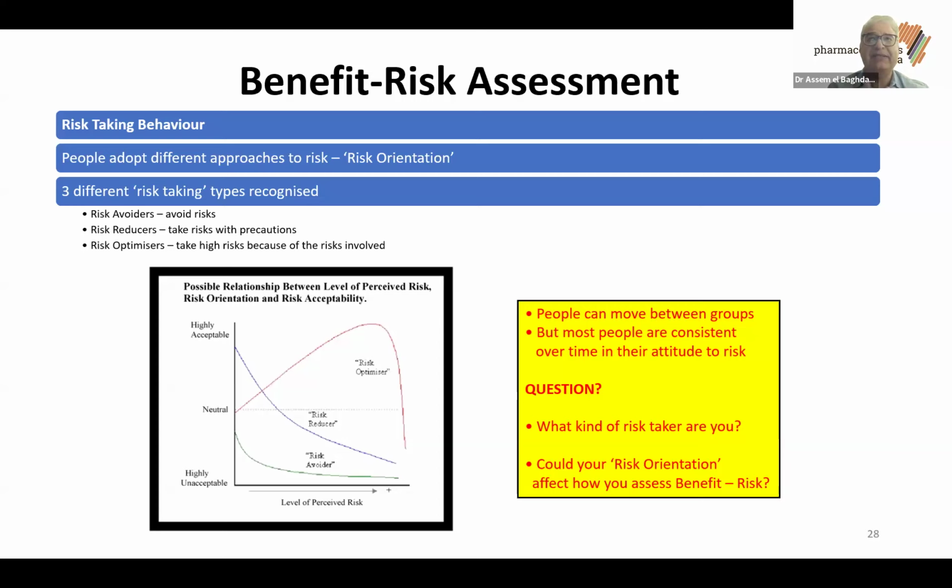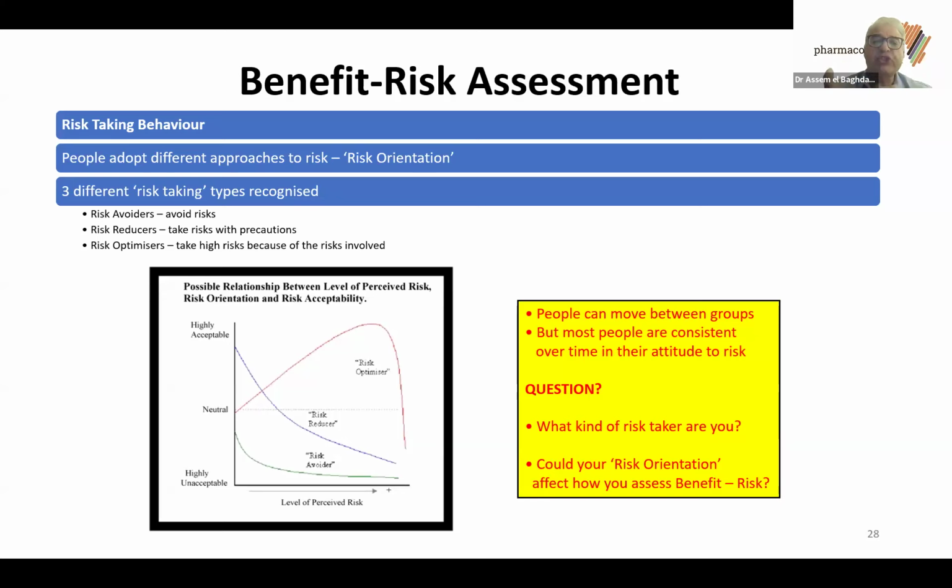So optimize, this means that they accept high risk, but they are trying to make sure that the risk is as low as they can, but there are still risks involved. But in the reducer, actually the risk is not high, but maybe it's a little bit. What do you mean by that?